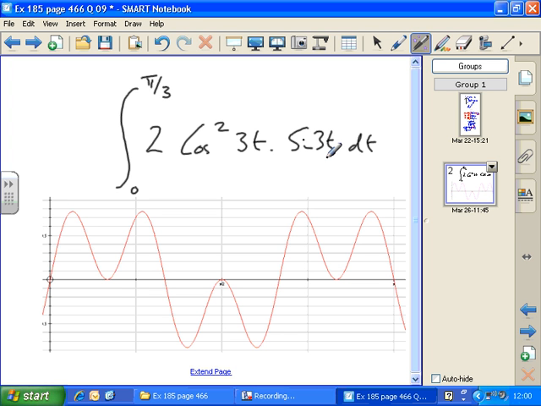So that means t equals pi over 3. And that gives us this limit here, the pi over 3 term. So it comes to 0 at pi over 3. So that gives us our limits of 0 and pi over 3. As a little extension question, you might want to consider why it is that it also drops to 0 at this point here.